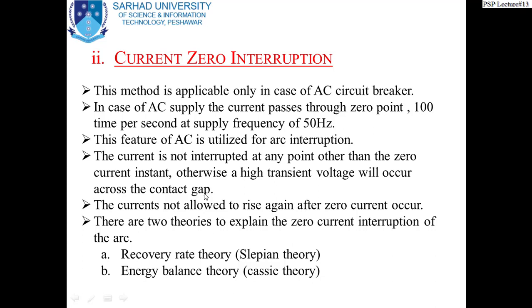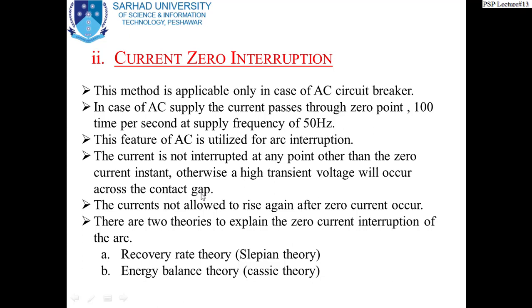So therefore, di by dt will be very high. The current differential will be very, very high. The gradient of the current will be very, very high. So we expect that a very high voltage can appear across the gap or at any other inductive part of the circuit, because inductive voltage is equal to L di by dt.